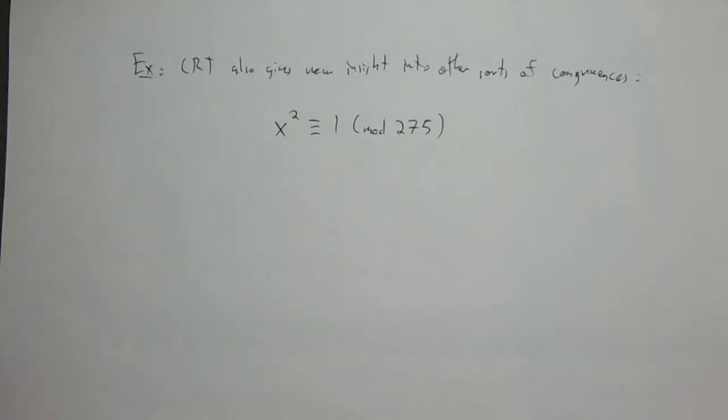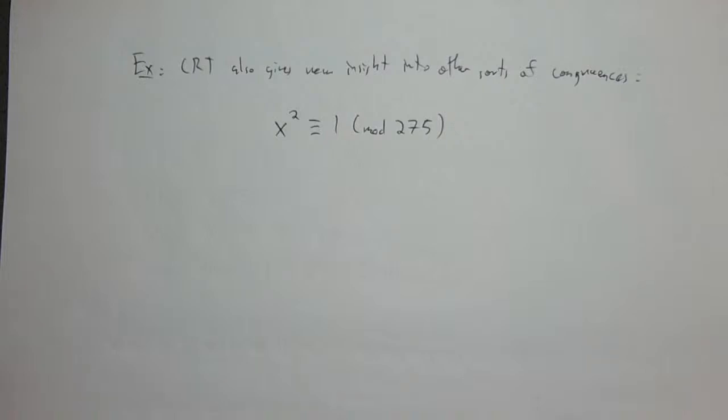Now, the first question you might naturally ask is, why would you ever want to start with a single congruence and turn that into a system of congruences? That sounds like that wouldn't help at all. Sometimes that's actually easier to deal with.